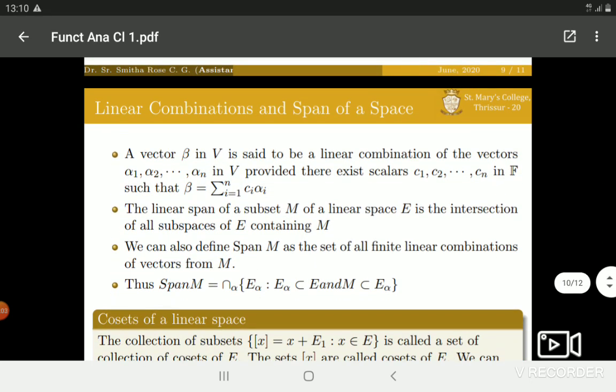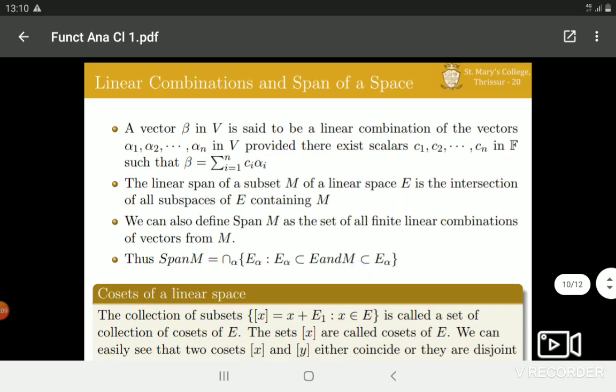Now something about linear combinations and span of a space. A vector beta in V is said to be a linear combination of the vectors alpha 1, alpha 2, etc., alpha n in V, provided there exist scalars c1, c2, etc., cn in the field F such that beta is the summation i equal to 1 to n of ci alpha i. This we have from the linear algebra basics.